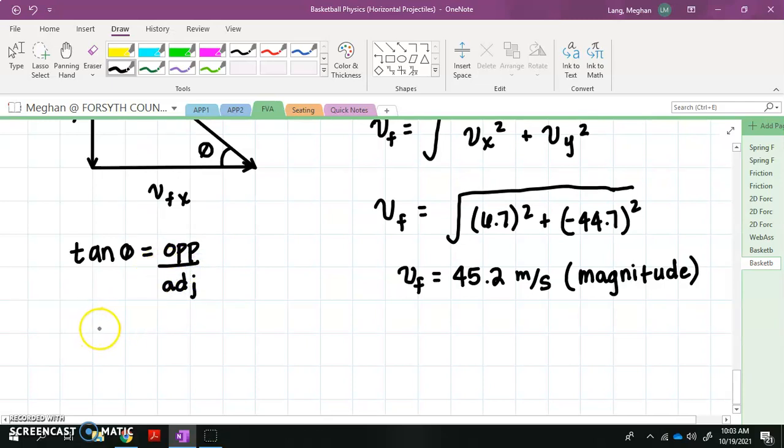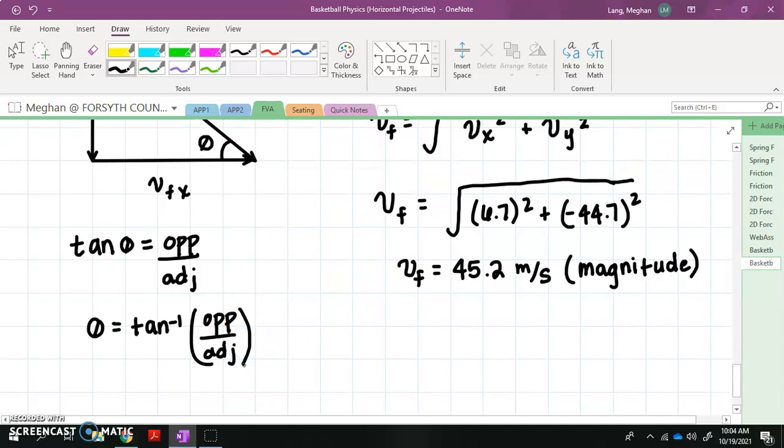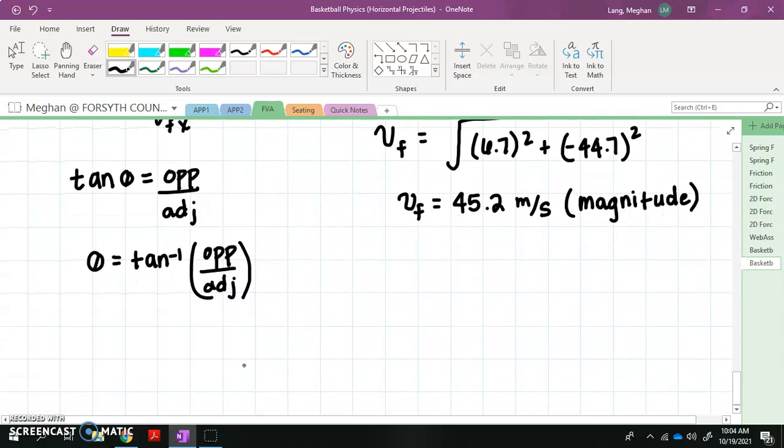So that makes theta equal to inverse tan of opposite over adjacent. And if I'm looking at our triangle above, then my opposite value is my velocity in the y direction, and my adjacent is the velocity in the x direction, the final x.